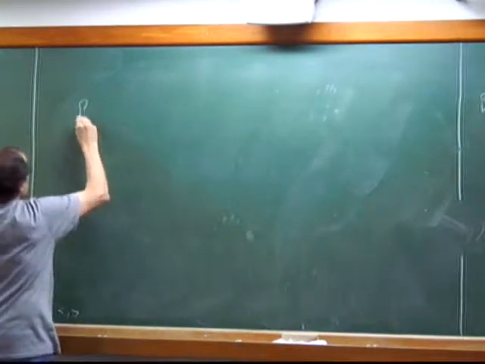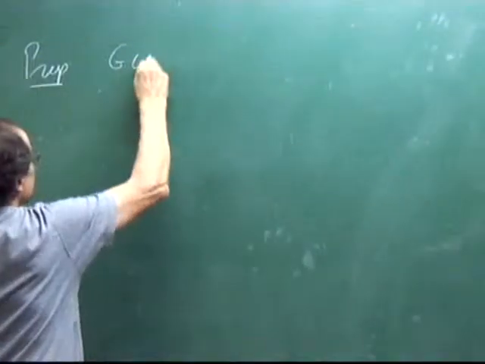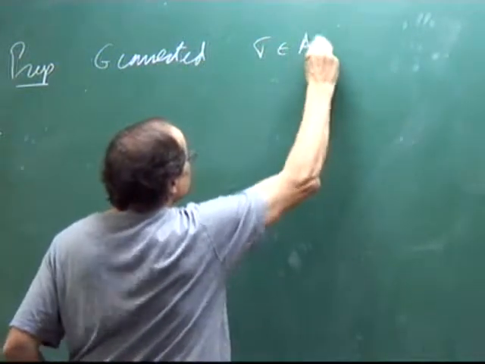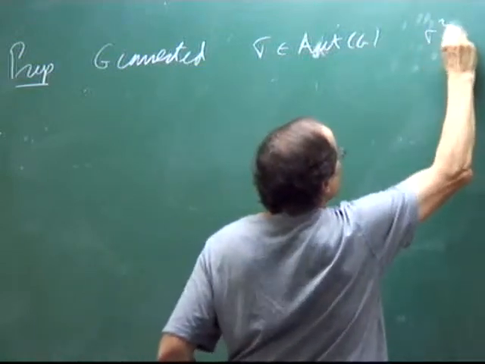So now I can construct the metric. So G is connected. Sigma is an automorphism. It's involutive.